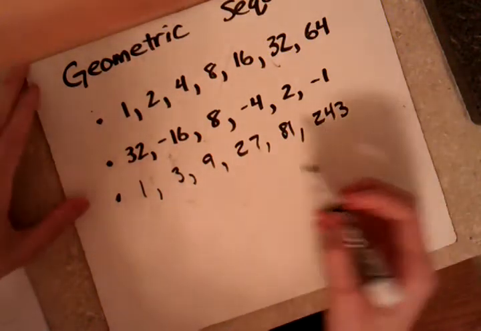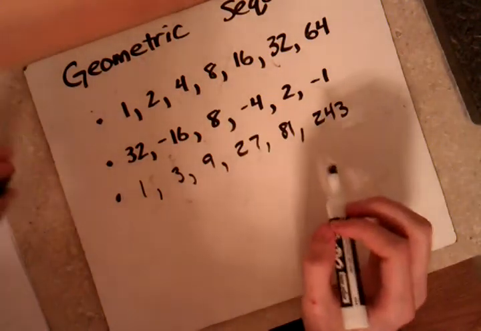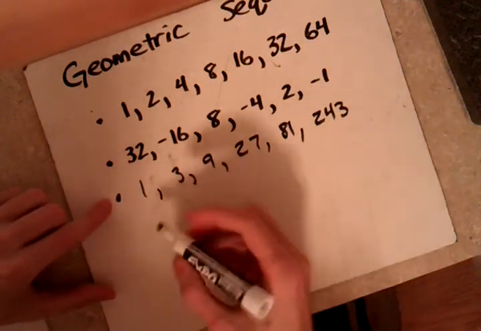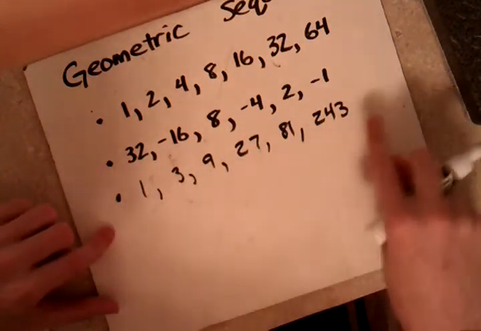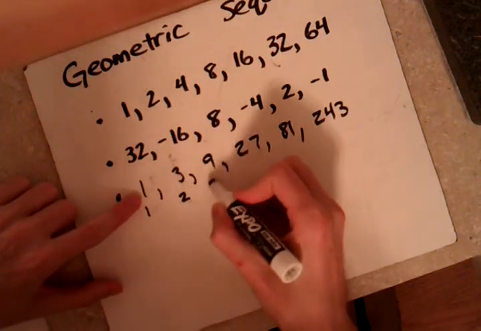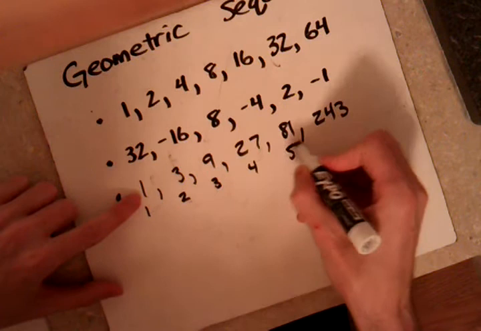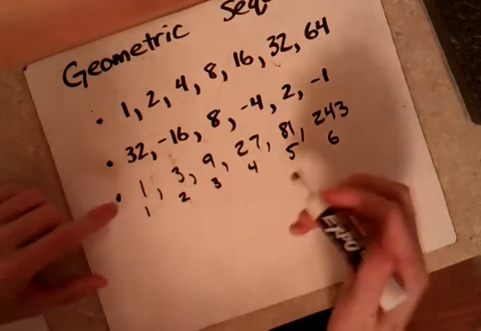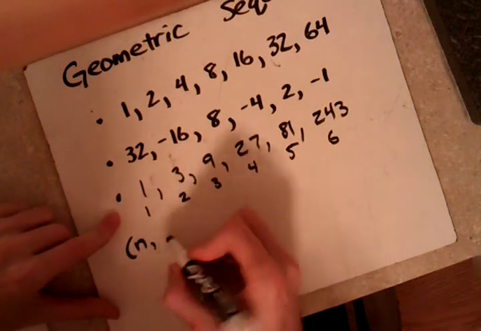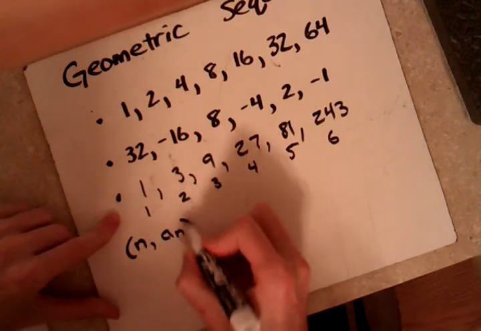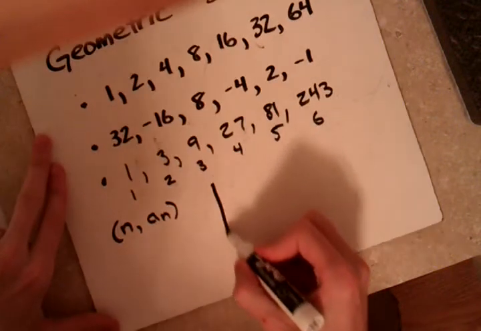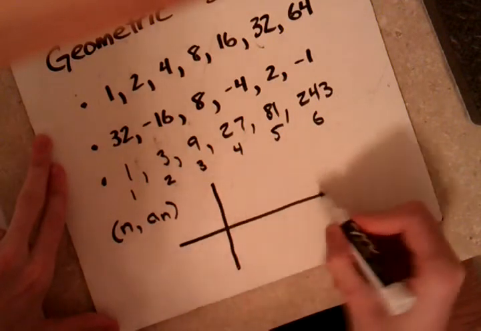You may notice if you take these numbers and you start to graph them, so taking this as your y values, for example, and then plotting the number that this represents. So like this is the first number in the sequence, the second number, the third number, the fourth number, the fifth, and the sixth. If you plot these as ordered pairs, where the x value is the number and the y value is the term, you'll notice that the graph looks something like this.